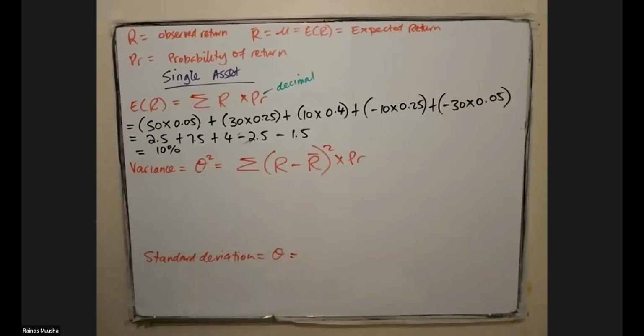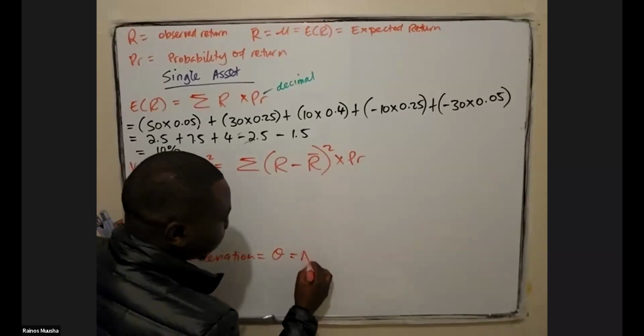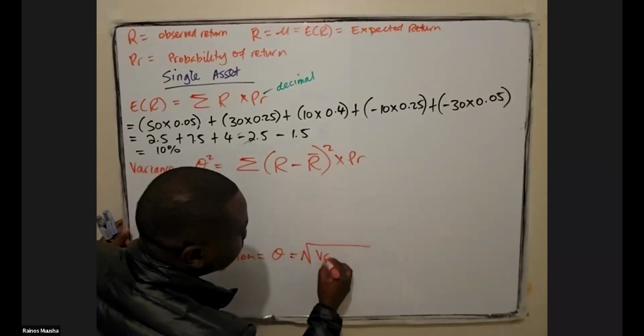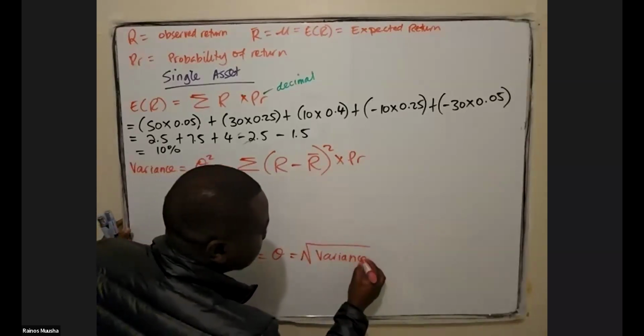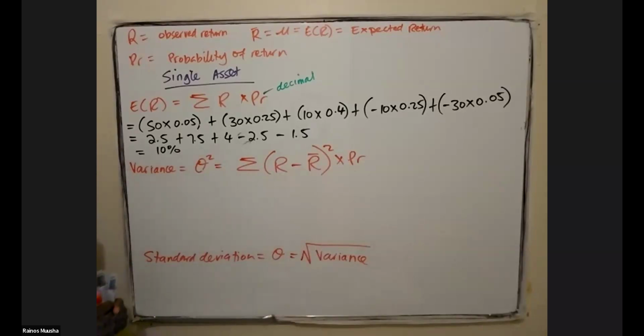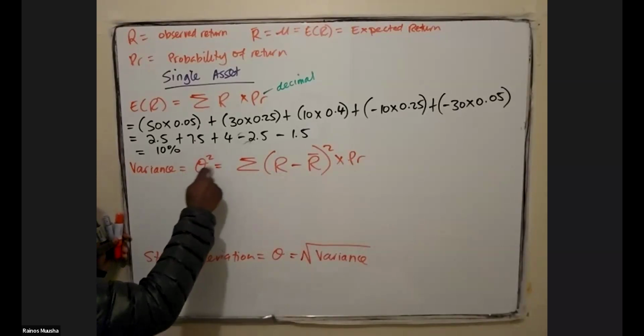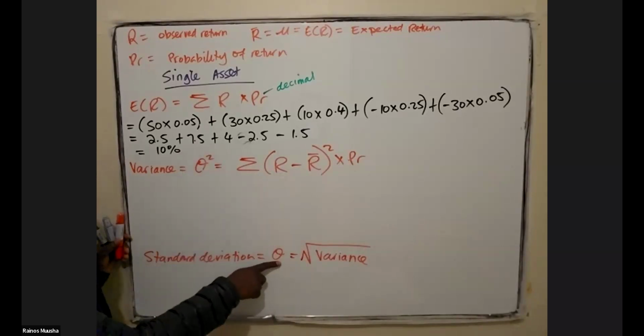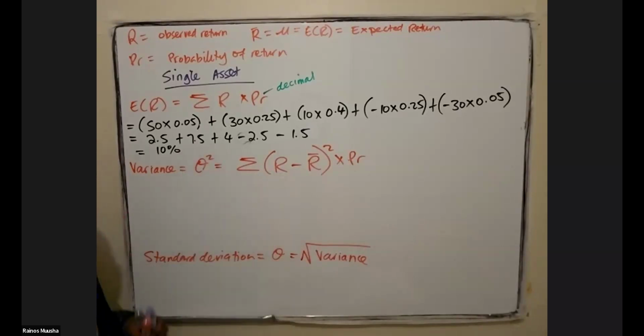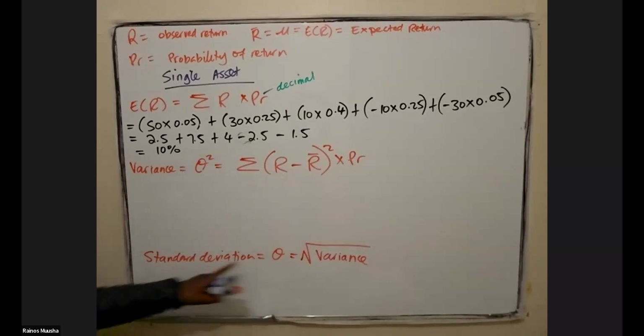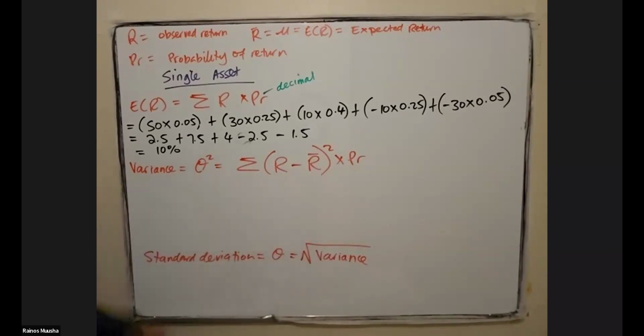Because we're basically saying the square root of whatever amount you get as your variance is what you're going to get as your standard deviation. So this is how you calculate the standard deviation, given the variance that you calculated above.